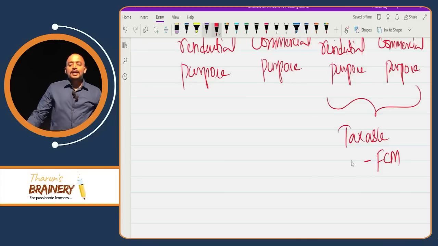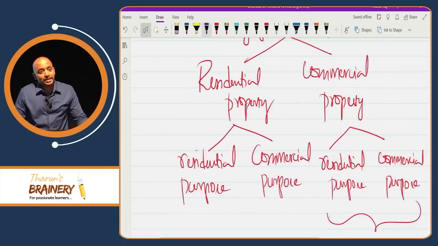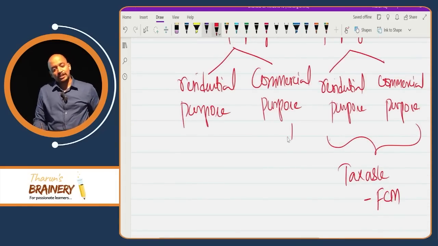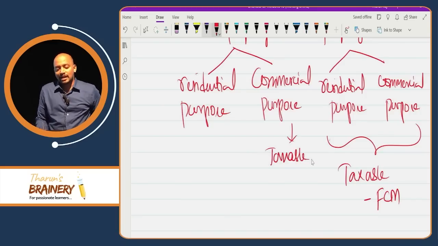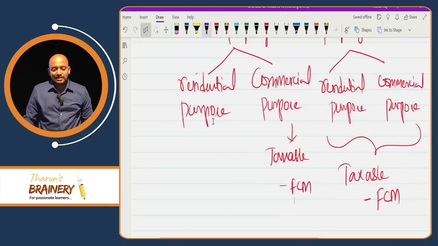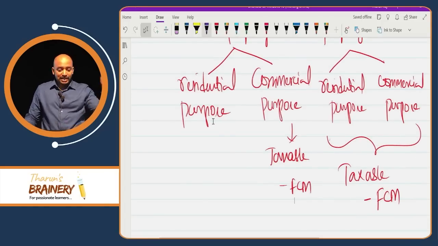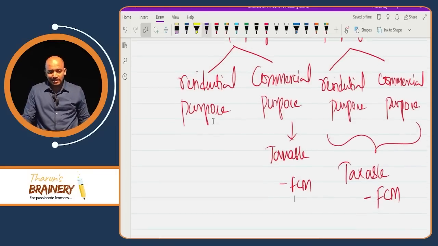Then renting of residential property for commercial purpose, that was also taxable, and now also it will be taxable under FCM. Renting of residential property for residential purpose, previously it was fully exempted. But now there is a change in this.